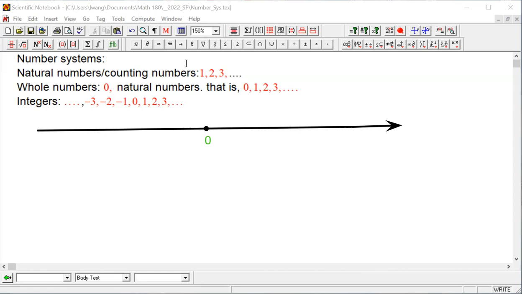Okay, so let me put another number as an example. Say this is -3. Right, so all the negative numbers are in this direction and all the positive numbers in the other direction. Say I'm going to arbitrarily put +5.